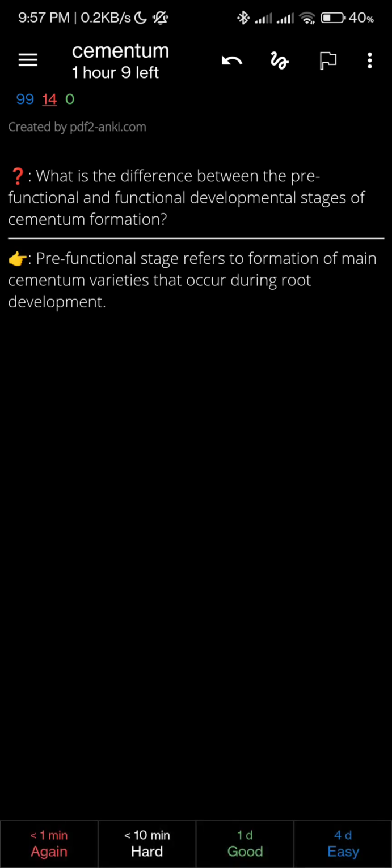Pre-functional stages refer to the formation of main cementum varieties that occur during root development. What is the source of cementoblasts? The dental follicle of the tooth.